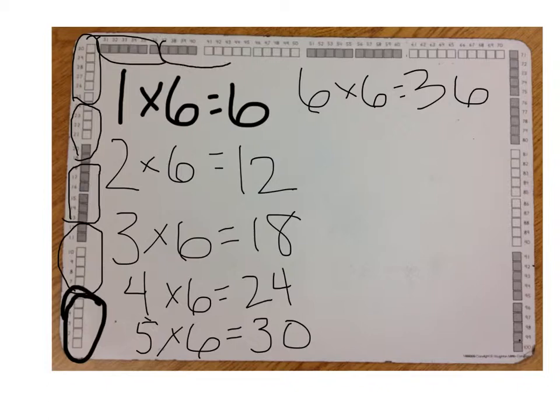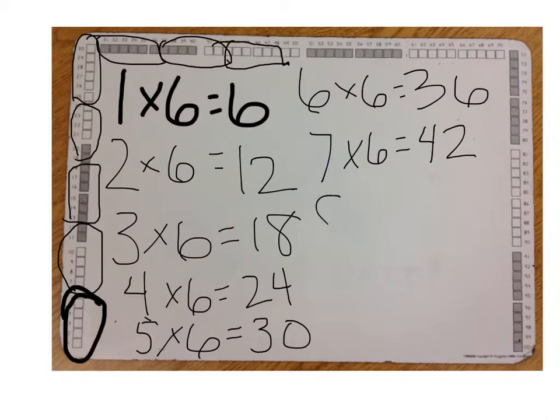And then 7 groups of 6 equals 42. I'm doing this with my finger, so sometimes I can't quite see. Then I've got 1, 2, 3, 4, 5, 6. 8 groups of 6 equals 48.